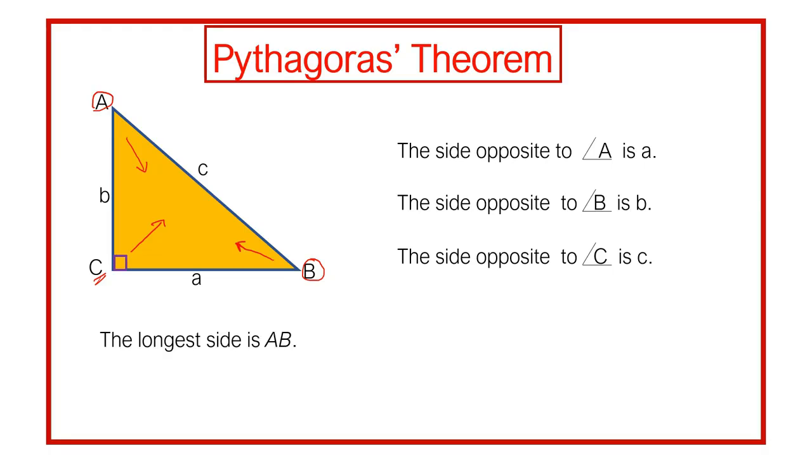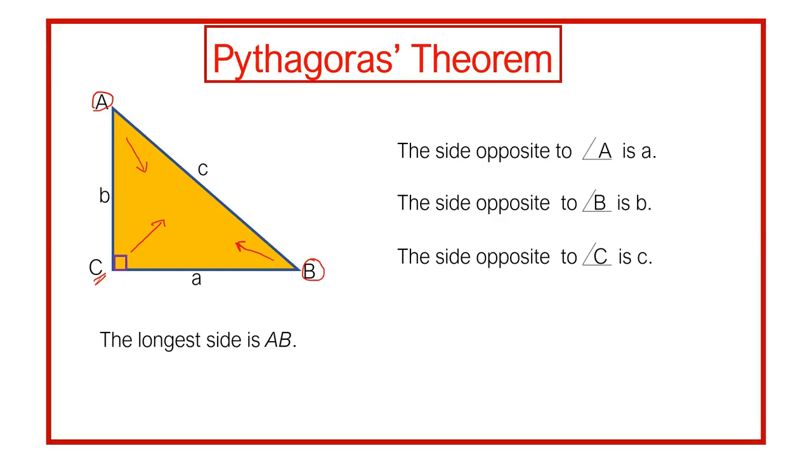And now we know that the longest side of a right triangle is the side that has got the biggest angle. And the biggest angle for this triangle, you can see that it is 90. So the side that is opposite to angle C is the longest side.